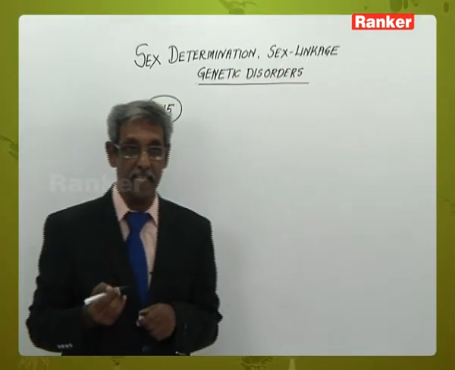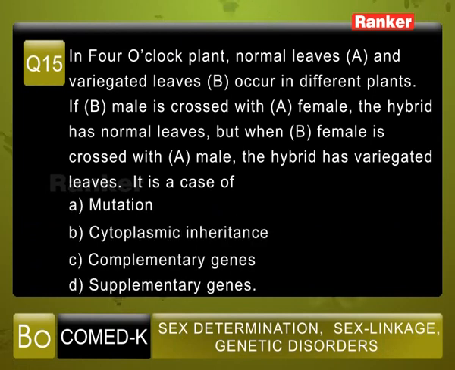Question number 15 says, in 4 o'clock plant, that is Mirabilis jalapa, normal leaves with an A gene and variegated leaves with B occur in different plants. It states that you have got normal leaves as well as variegated leaves due to the expression of two different genes, A and B. If B male, that is a variegated male, is crossed with A female, that is a normal-leaved female, the hybrid has normal leaves.